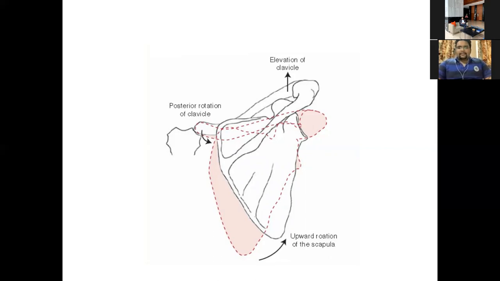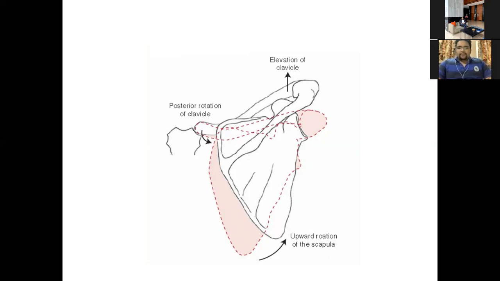Now again the forces are being generated from lower trapezius and the serratus anterior muscle. But now motion cannot occur at the SC joint because the costoclavicular ligament is already taut because of 25 degrees of elevation in the first phase.